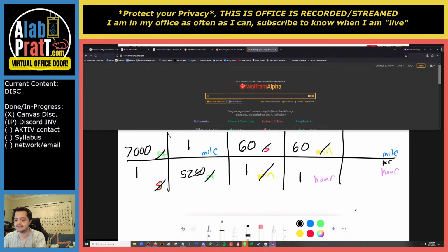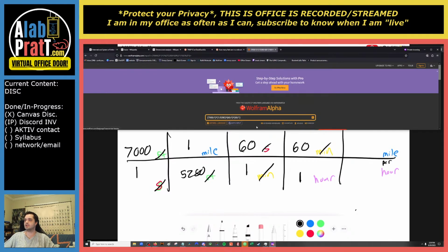So what it is is 7,000 divided by 1. That's the first lattice, times here's my next lattice, in parentheses. 1 is the number on top, the number on bottom is 5,280. Okay, that's my next part of the lattice. Then it is a 60 over a 1 times a 60 over a 1. And let's equal that out.